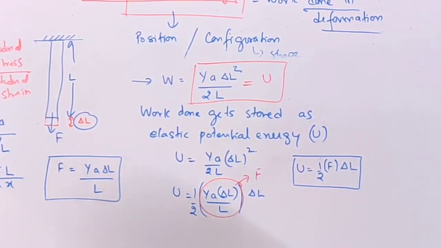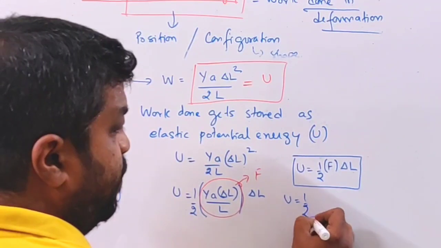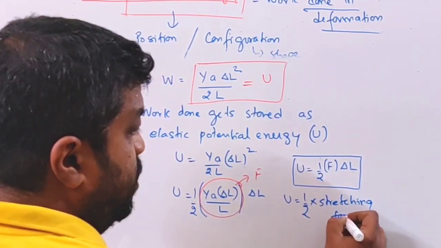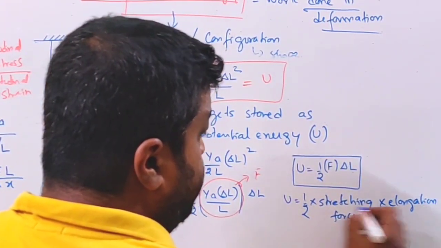This is the stretching force and this is the elongation. So U is equal to half into stretching force into elongation.